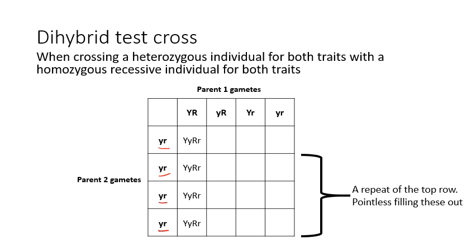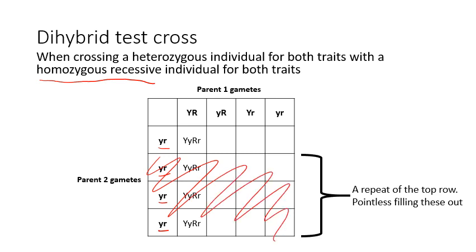So to save ourselves a little bit of time, normally when we perform a dihybrid test cross, because we know we're crossing a homozygous recessive with a heterozygous individual for both traits, we tend to ignore that bottom 3/4 of our Punnett square to save ourselves a bit of time in filling out all 12 of those squares, and we're just going to focus on this top row here.